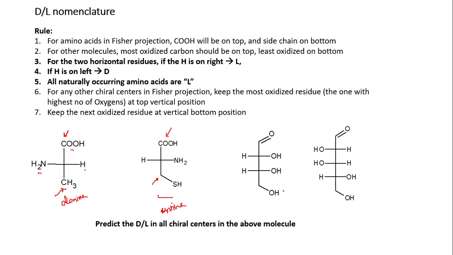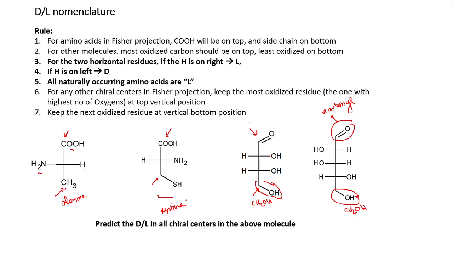When you have carbohydrates, the most oxidized is the carbonyl group, and the least oxidized is the alcohol, the CH2OH group. Similarly, in another molecule, the most oxidized, the carbonyl, is on top, and the alcohol CH2OH is at the bottom.